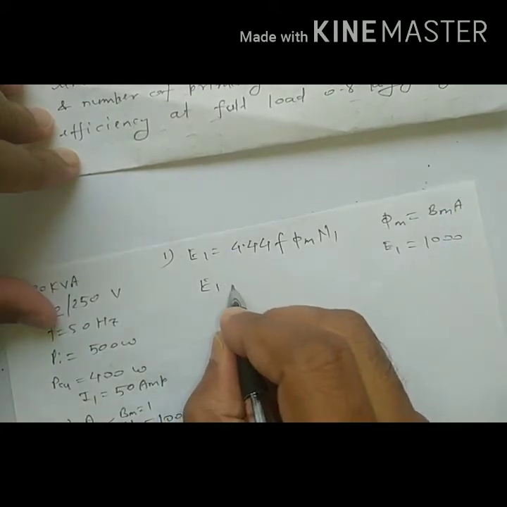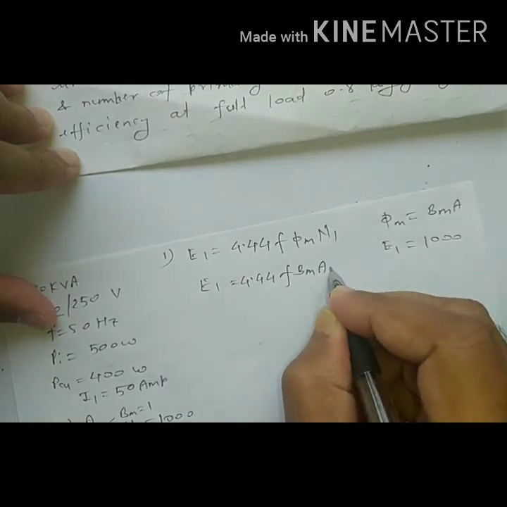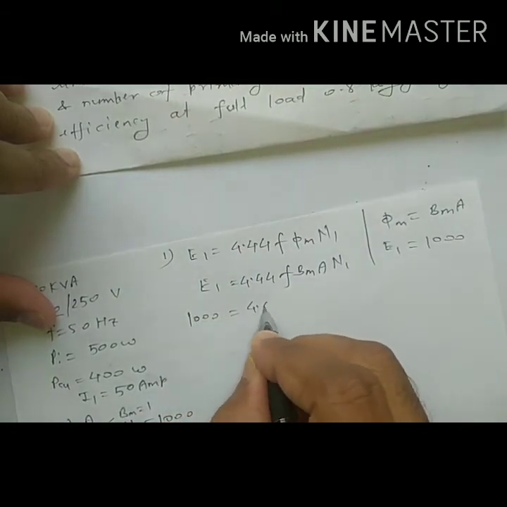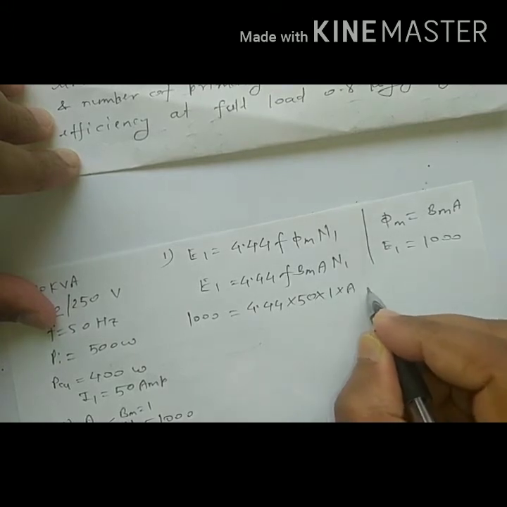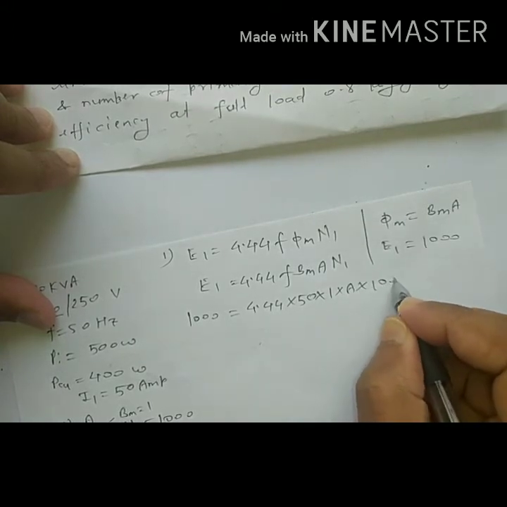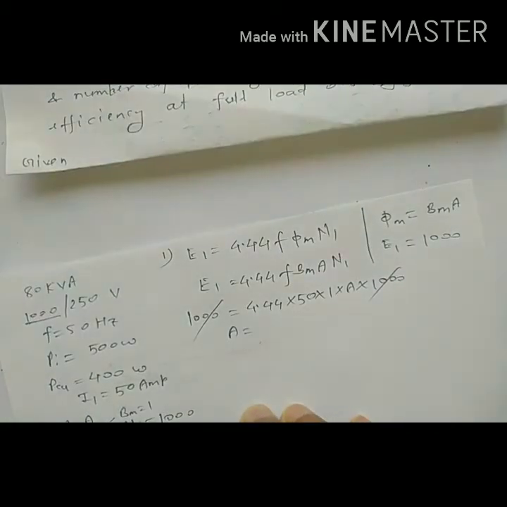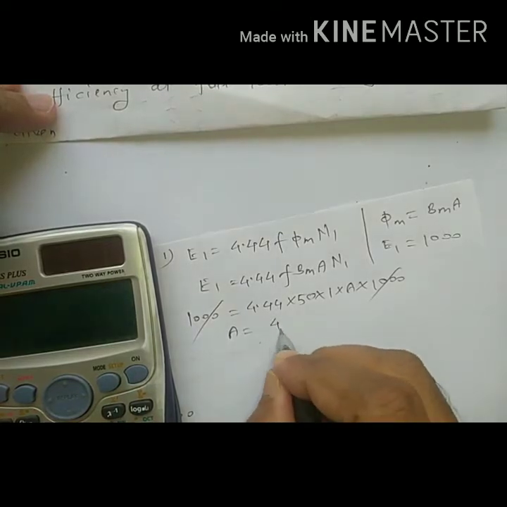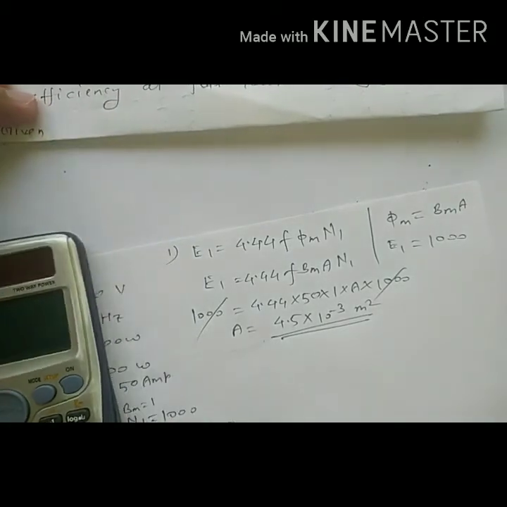So E1 can be written as 4.44 F Bm into A into N1. Put values: 1000 equals 4.44, 50, Bm is 1, A is unknown, and N1 is 1000. So 1000 cancels, and A comes as the inverse of 4.44 into 50, that is 4.5 into 10 power minus 3 meter square as area.